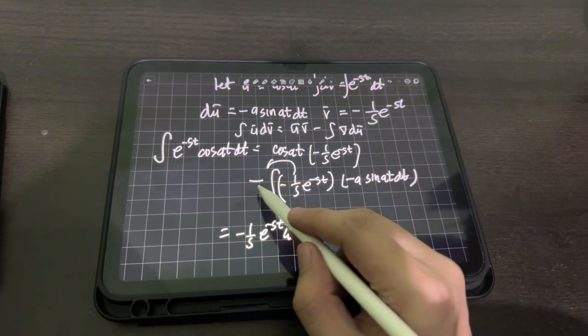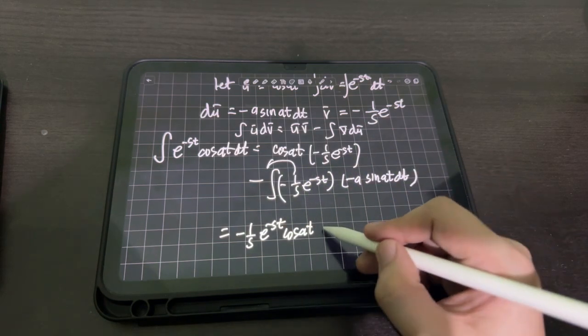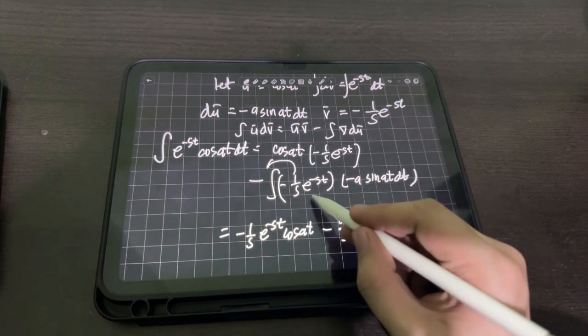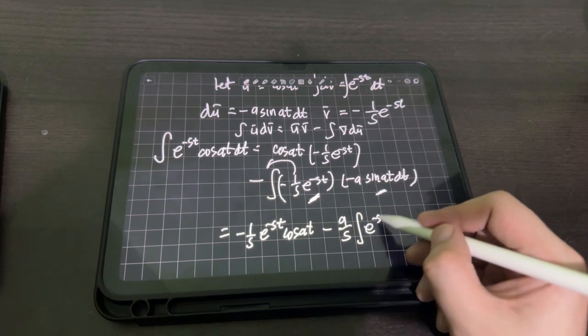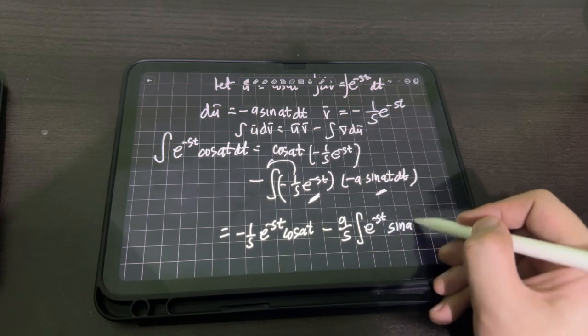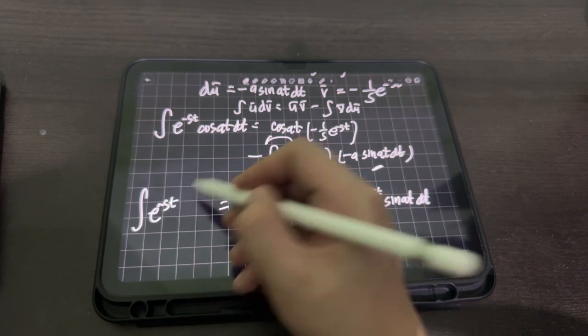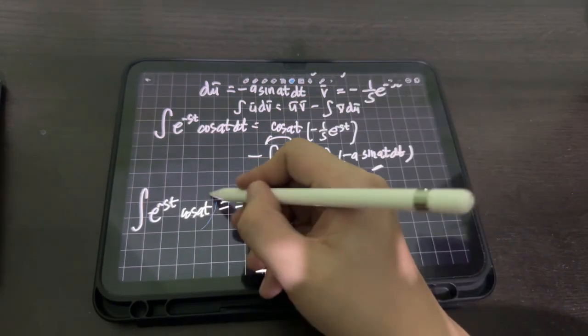There's a negative here, so you multiply negative times positive a over s, that will be negative a over s. Then what is left inside the integral is e to the negative st sine at dt.